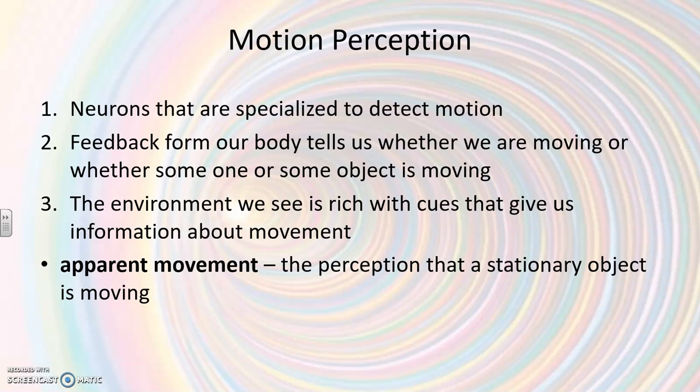And this is more from a safety standpoint. The environment where we see is rich with cues that give us information about movement. But apparent movement is where you have stationary objects, but it looks like they're moving. And you may have seen some optical illusions that fit that example.